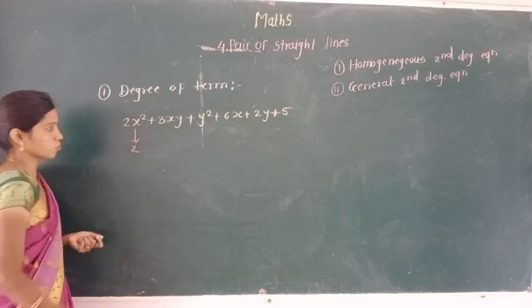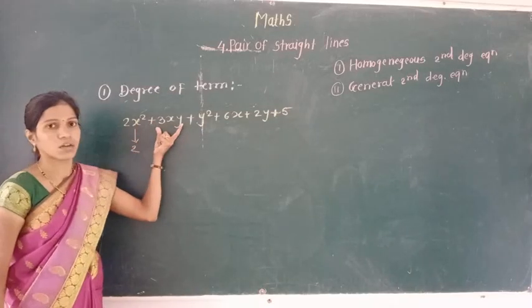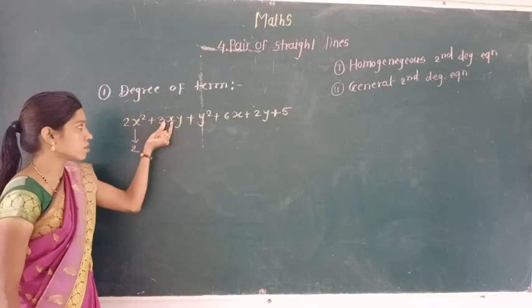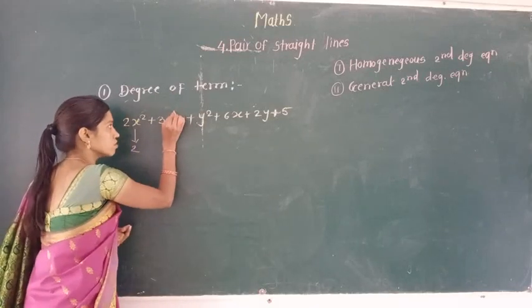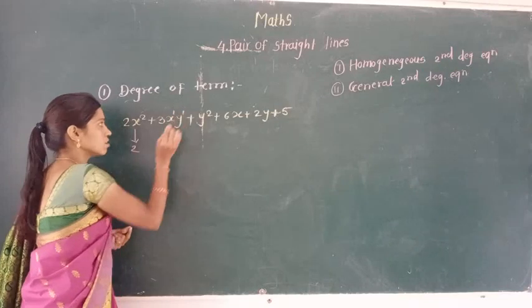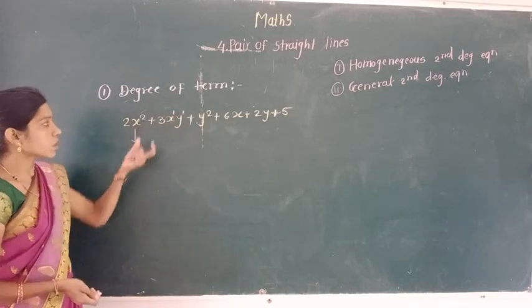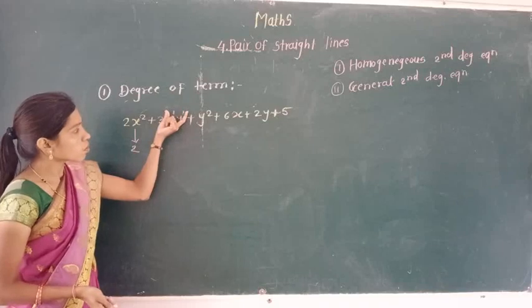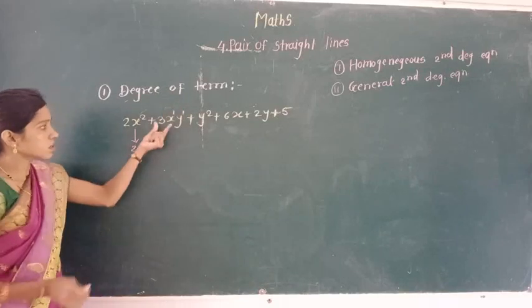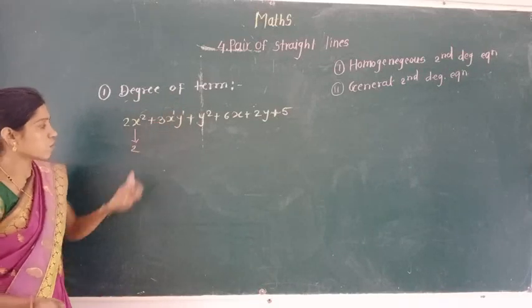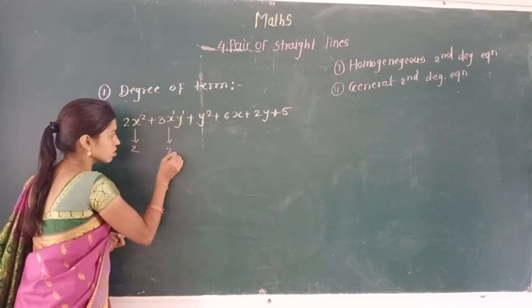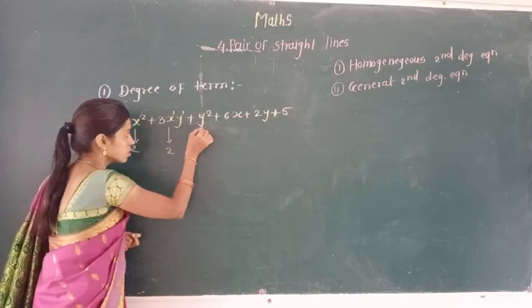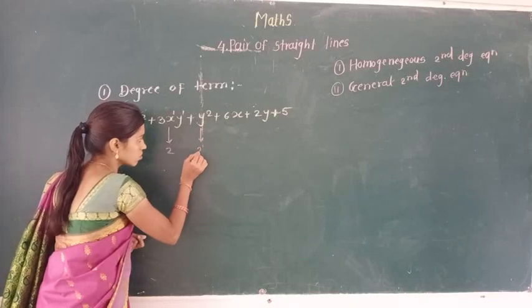In the second term there are two variables, the degree of x is 1 and the degree of y is 1. Now take the sum of the powers of these two variables. We get the degree of term 3xy is 2. Now in this term the degree is also 2.